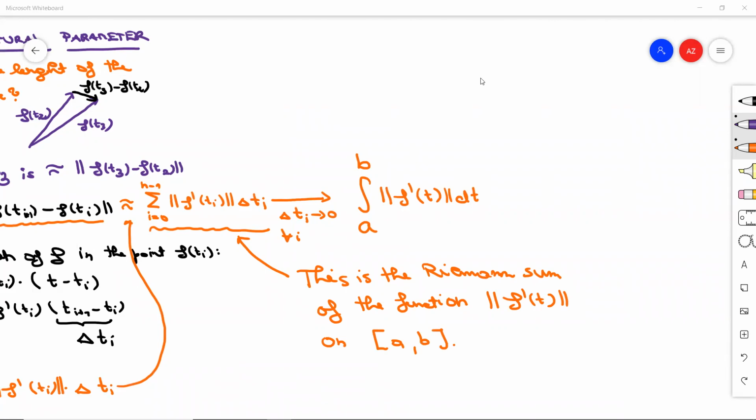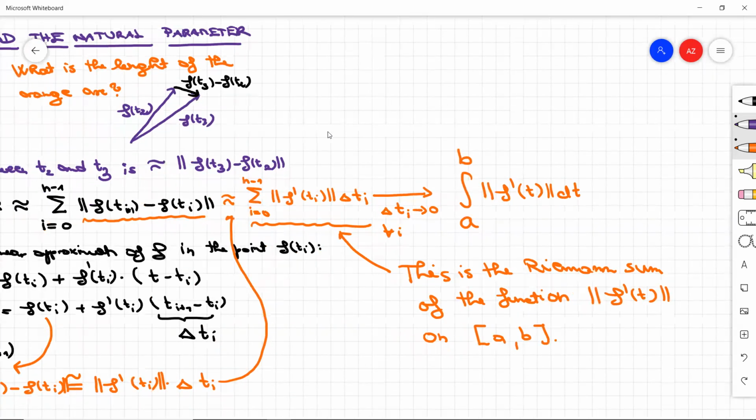Yes, we made a linear approximation, but since we did the limiting process, in the limit those linear approximations will in fact be a proper approximation. So that will measure the true length.